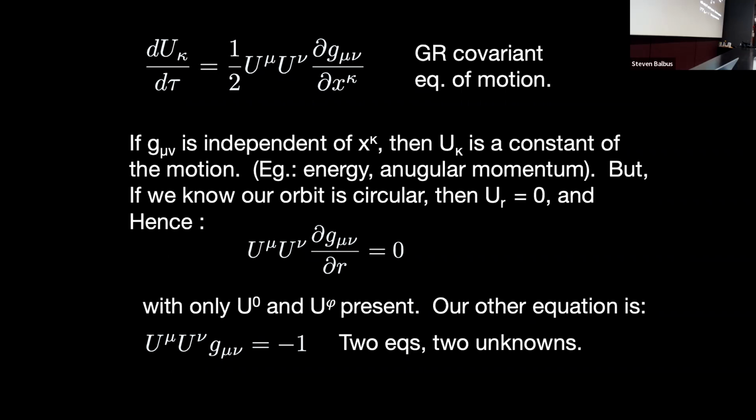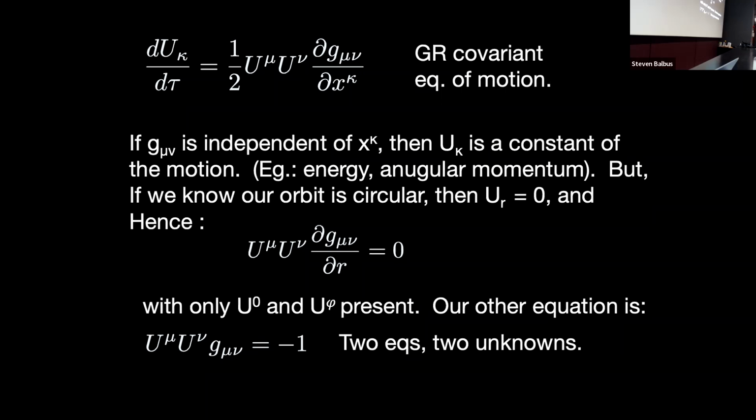But it turns out that there's another very simple equation which embodies the dynamics of having no change in the radial velocity, which turns out to be this: u nu times the partial derivative of g mu nu with respect to r. This is that expression more generally, but this gives you some idea.